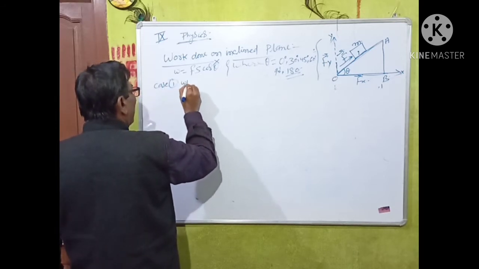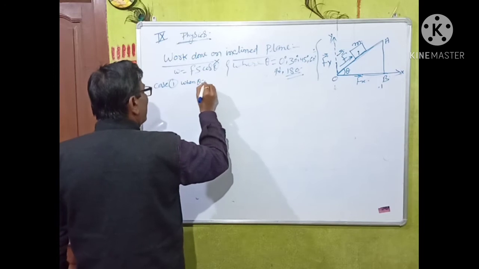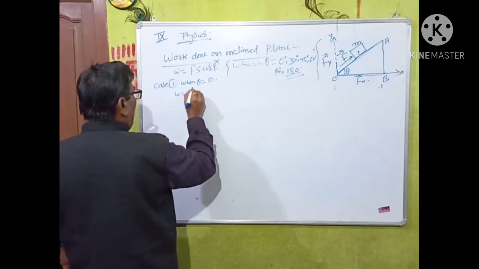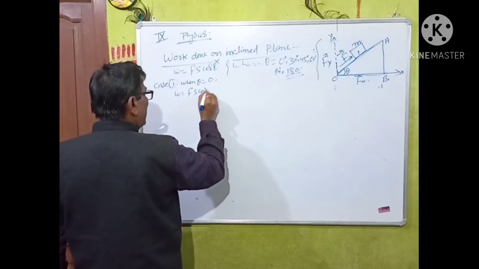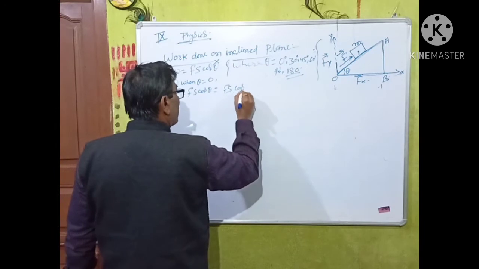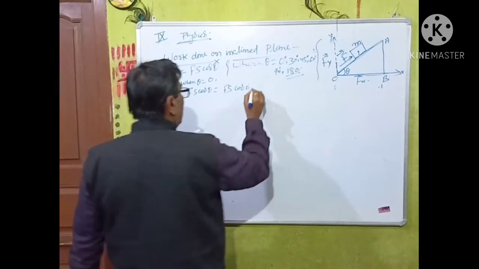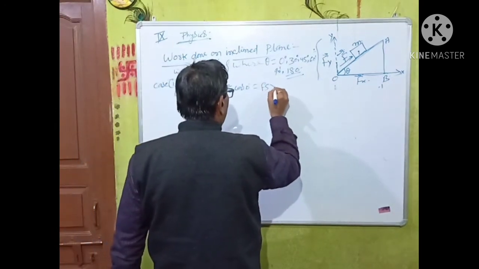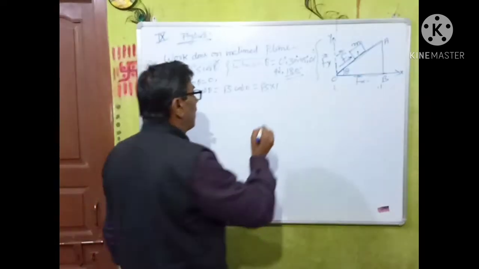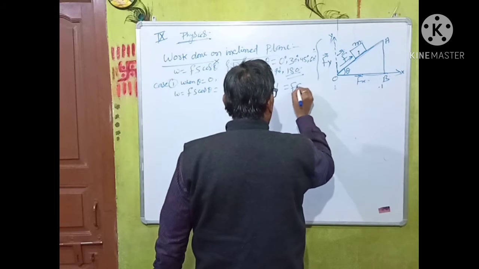In the first case, when theta is equal to 0, then W is equal to Fs cos theta, which is Fs cos 0 degree, equal to Fs into 1, because the value of cos 0 degree is equal to 1, so W is equal to Fs.